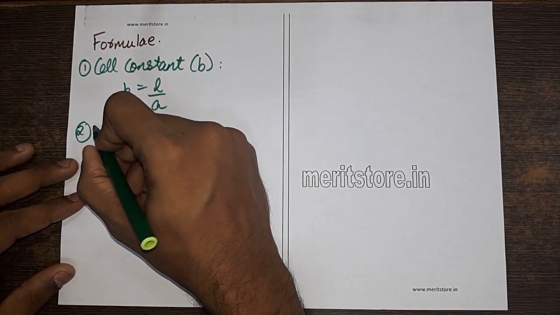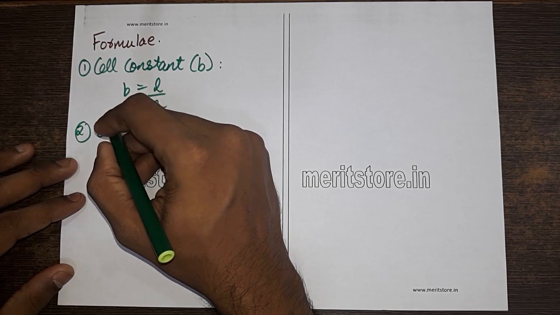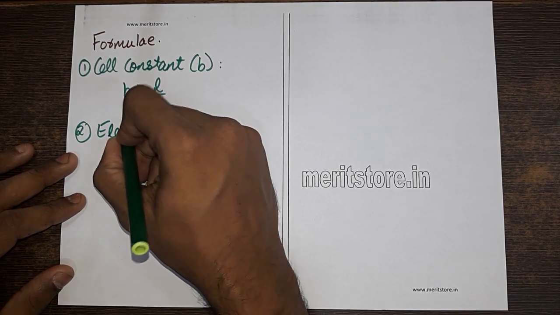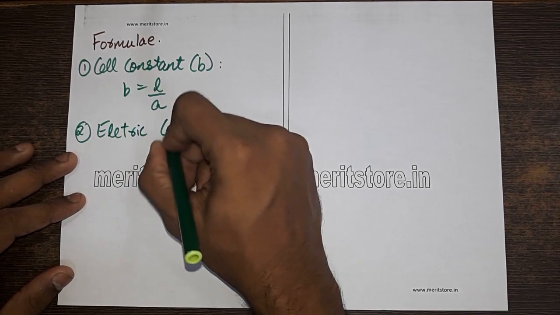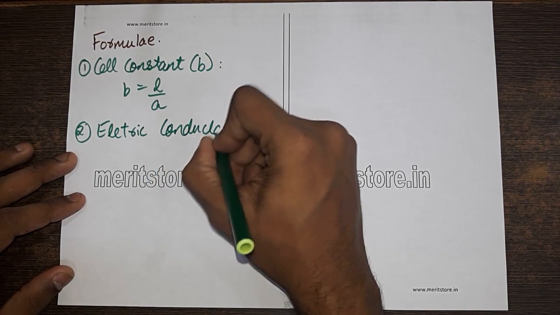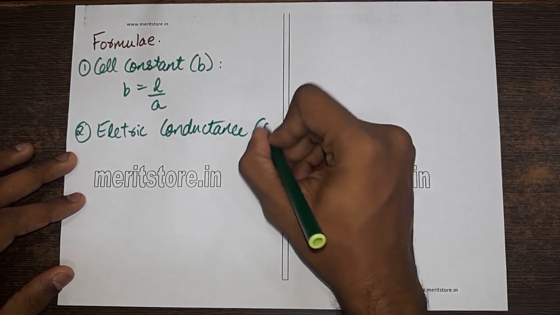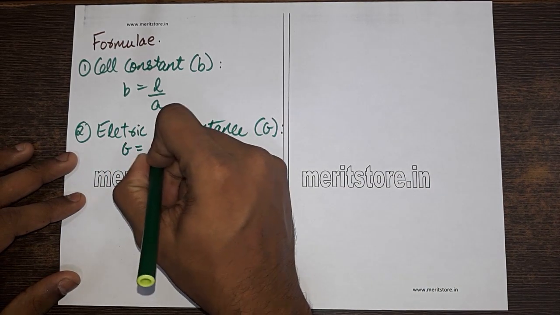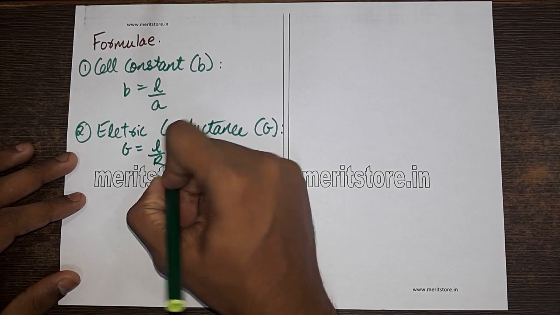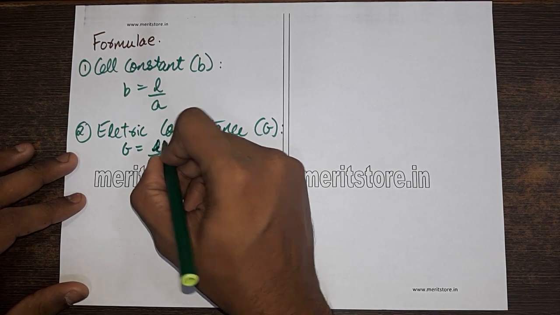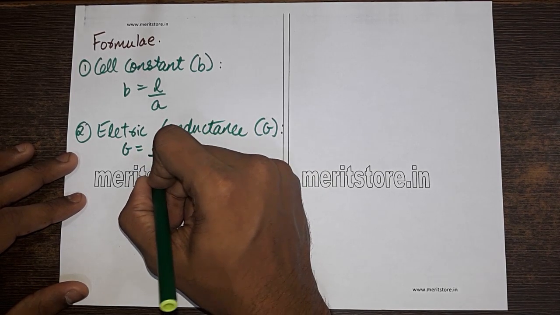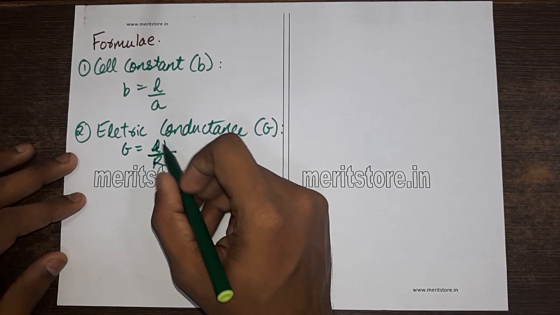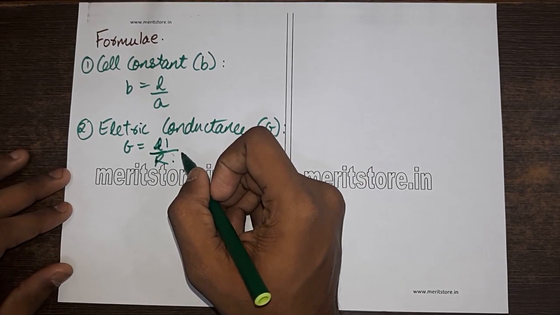The second one is the electric conductance G. It can be given by G is equal to 1 by R, where R stands for the resistance.